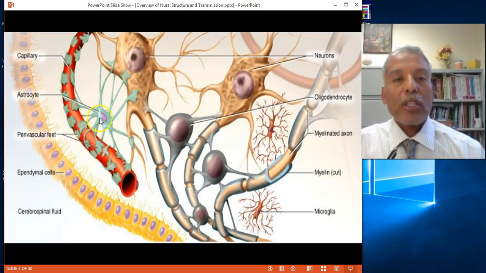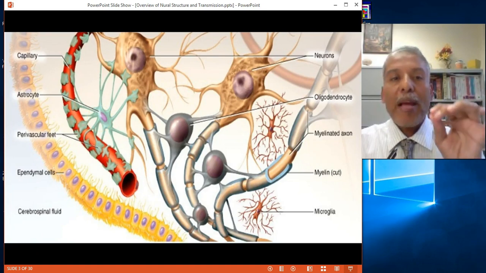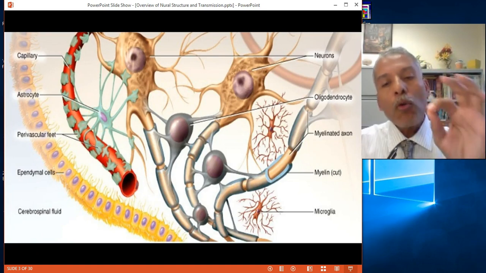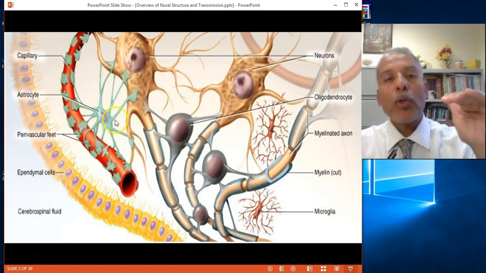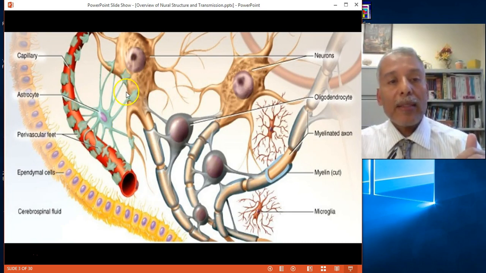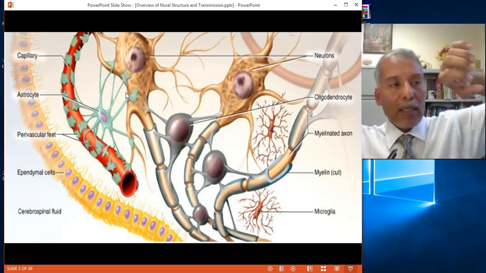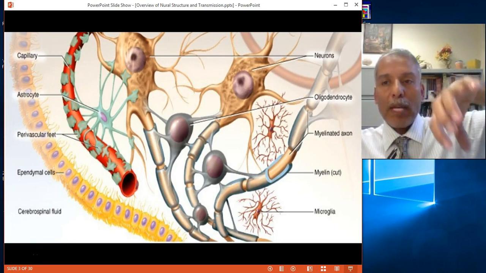And the astrocyte is the cell that makes the blood-brain barrier to allow only certain chemicals, certain substances to go into the nervous system, into the neurons. On one side it has these little pods docking on, connecting with the blood vessel.